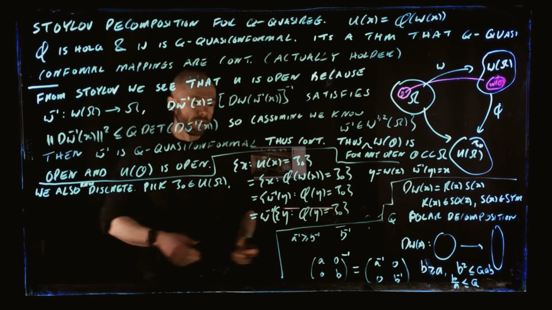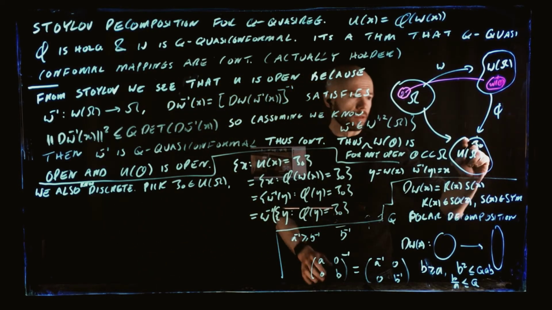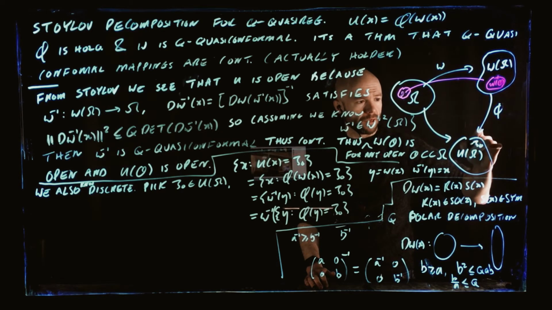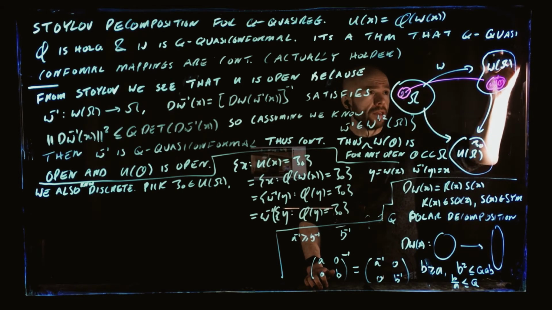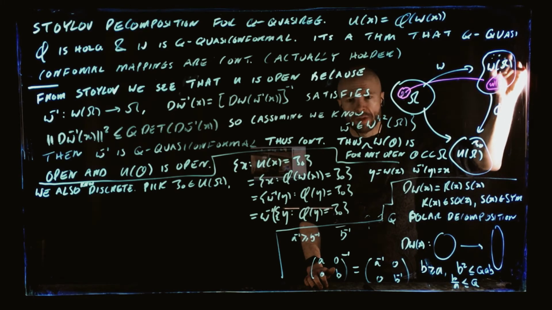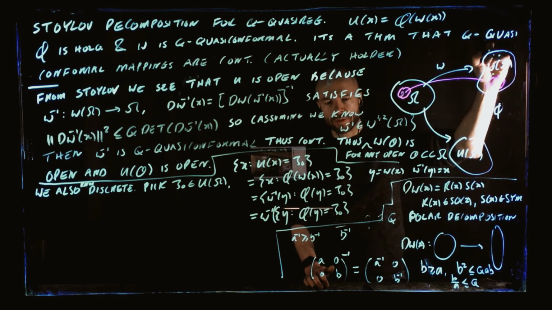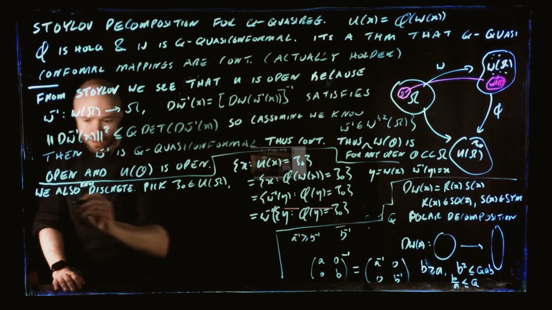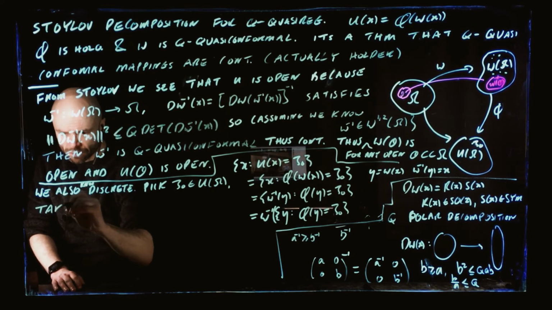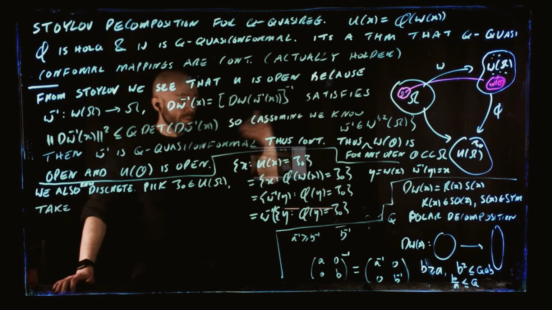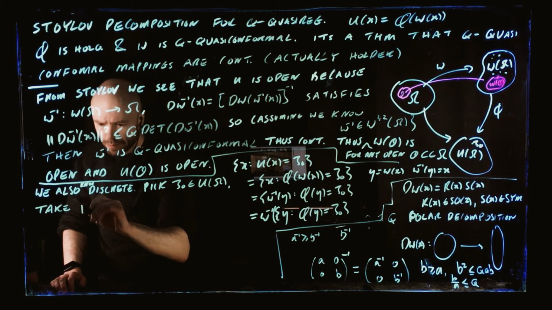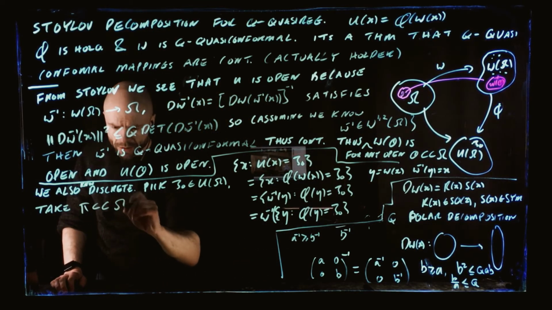And we know that when we pull back into here, the set of points that are mapped onto zeta 0 by phi is a discrete set. So it doesn't have any cluster point except at the boundary. So take a set pi compactly contained within omega.